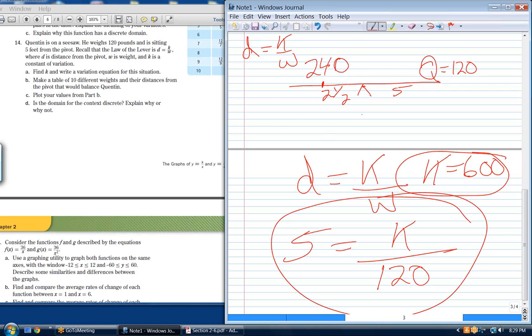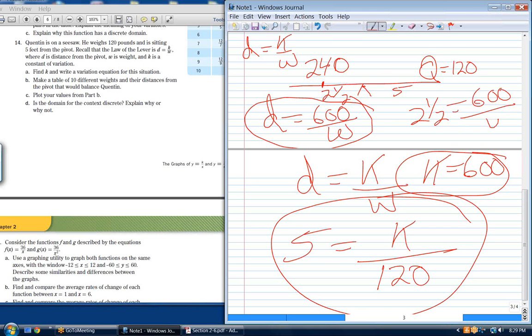Okay. And let's go back to the specific equation. There's the equation that we have to solve. So one distance was 2.5 equals 600 divided by W, and if you solve for W, you get 240.